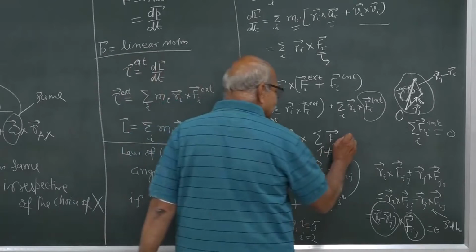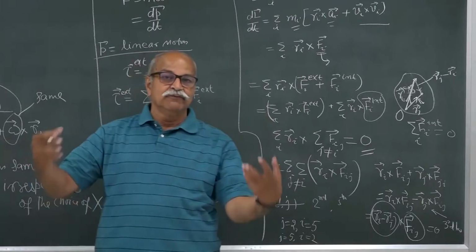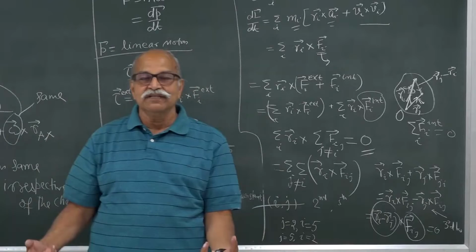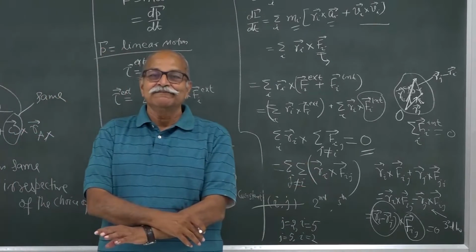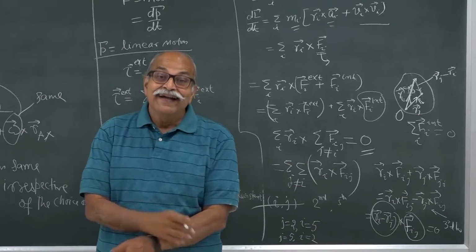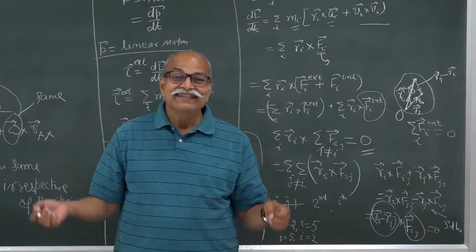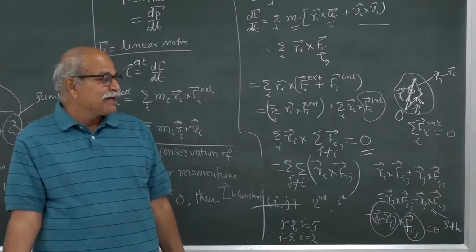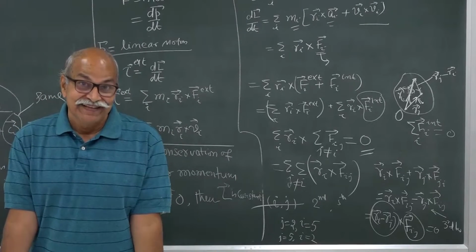So, this is equal to 0 with the condition that the forces by particles on each other are equal in magnitude, opposite in direction, and act along the line joining the two particles. This is sometimes called the strong form of Newton's third law.